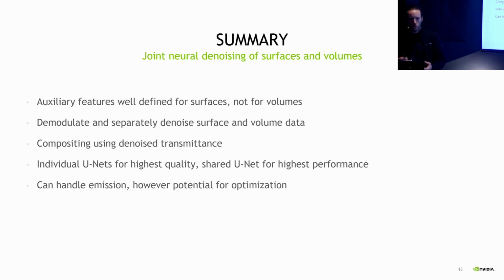We have two options: two individual UNets for the highest quality but a bit slower runtime, or a shared UNet for more performance but slightly degraded quality. And we were able to handle emission. However, there's a lot of potential for optimization. We don't even have a dedicated sampling strategy for emission. We just collected along the paths that happen to pass through the emissive volume. That's why we need more samples at the moment, but we see potential for improvements in future work.